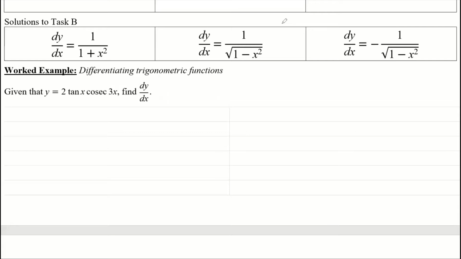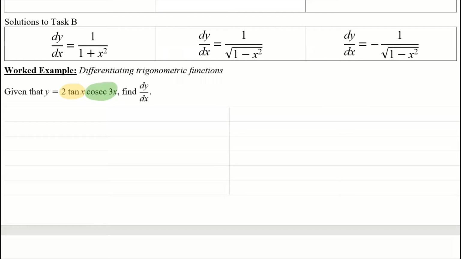So again, we've got to go back to our differentiation toolkit. And what does this suggest we need to use? Well, at first glance, I've got the 2 tan x. First of all, that could be a function on its own, and so could the cosec 3x. So I'm thinking maybe using the product rule here.